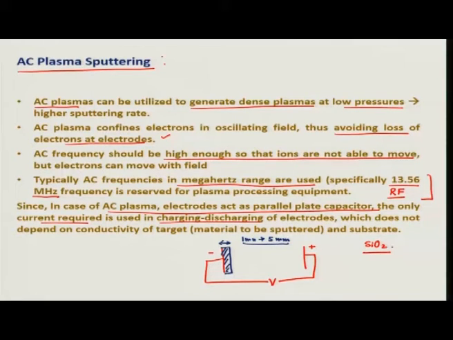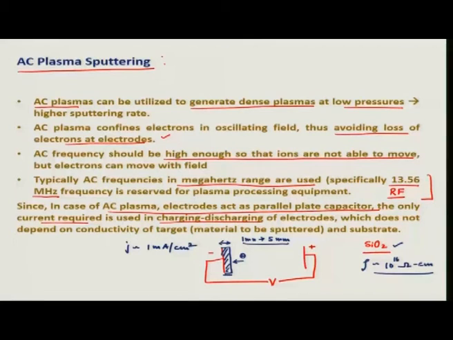Now, if this is SiO2, which has resistivity of the order of 10 to the power 16 ohm centimeter, then the voltage drop within the target would be very large. Suppose we need a current density of the order of 1 milliamp per centimeter square, from positive ions moving here. So, this is for an insulating target where the resistivity is very high.